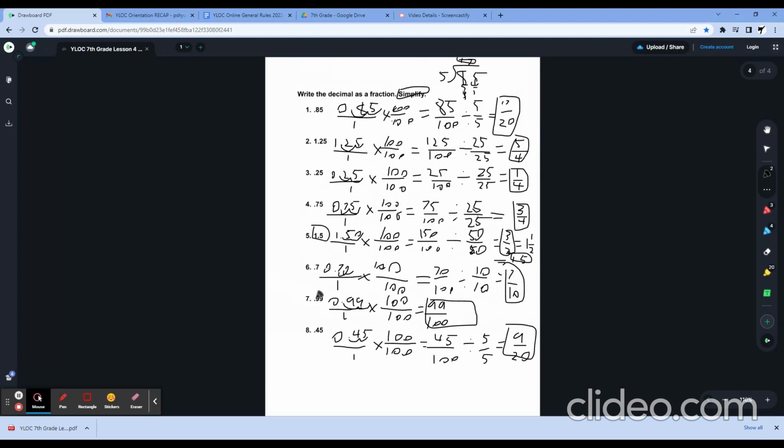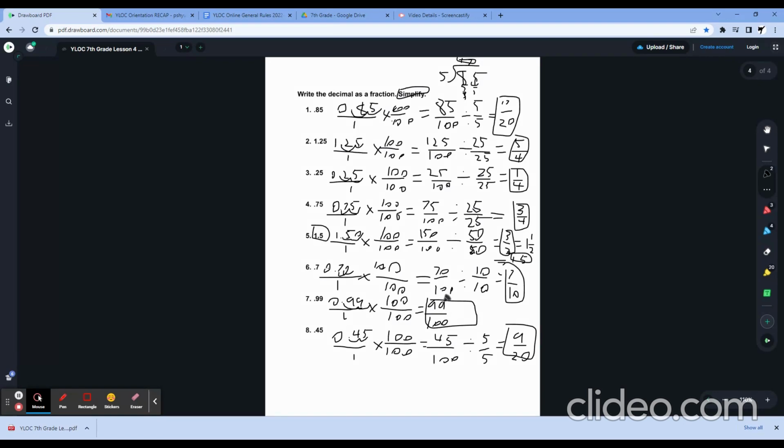And so lastly, let's cover number 7. We just want to go over the same process again. 0.99 over 1, set it over 1, times 100 over 100 to not change the value again. So move the decimal point 2 places to the right, and we will end up with 99 as the numerator and 1 times 100, so we will end up with 100 on the denominator.